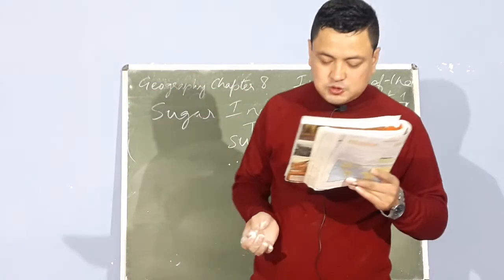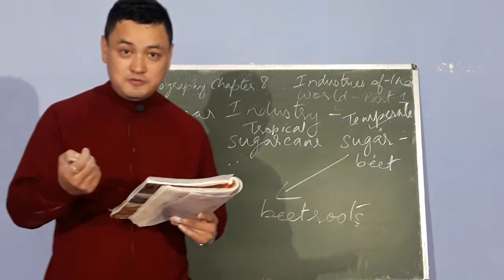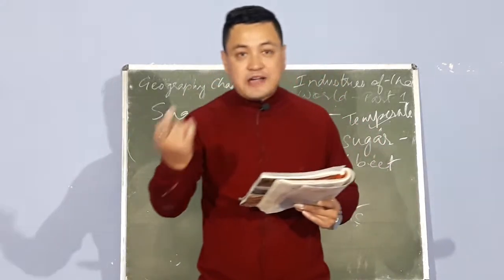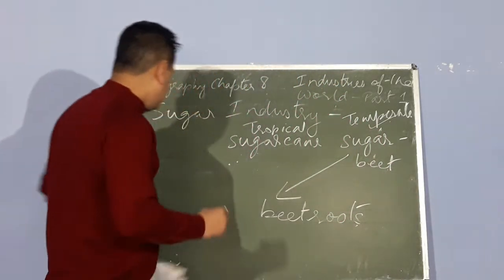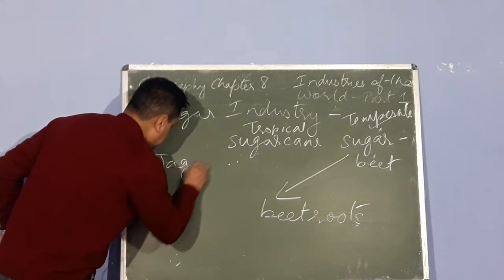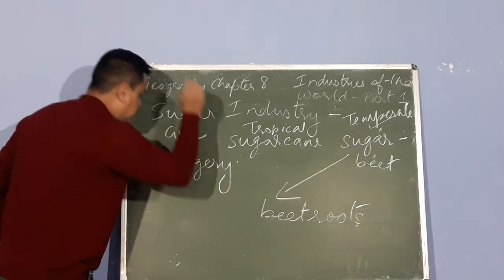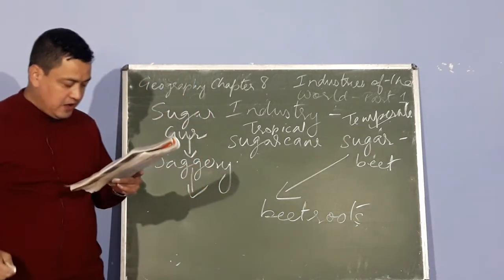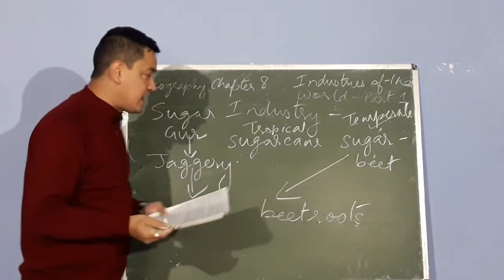Apart from the white sugar, other types of sugar are made in India, known as gur, which is also known as jaggery. So when you melt the gur, you get white sugar.